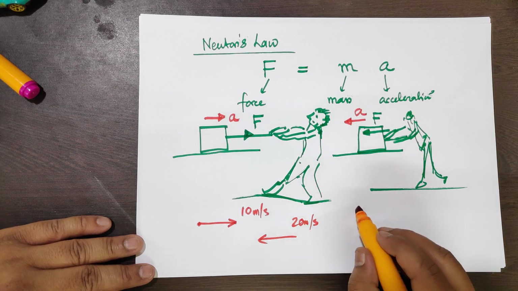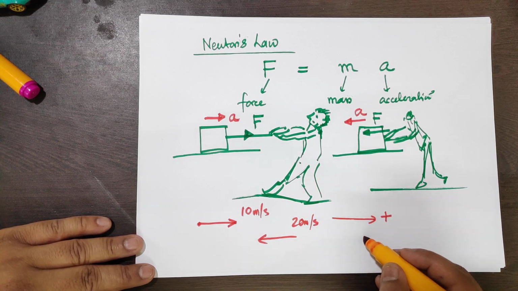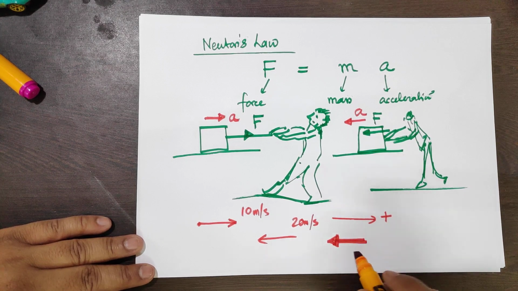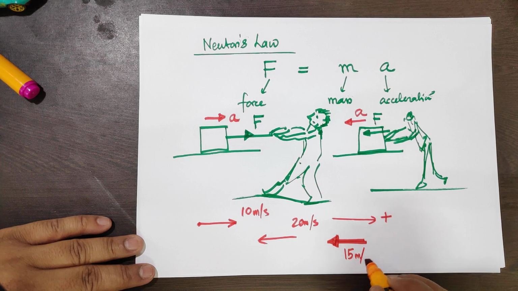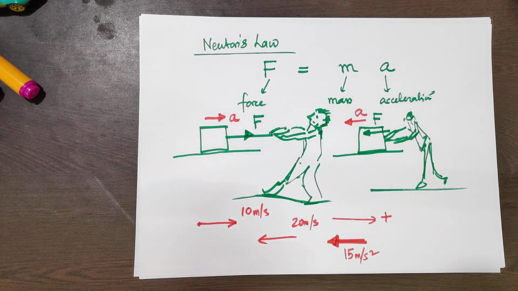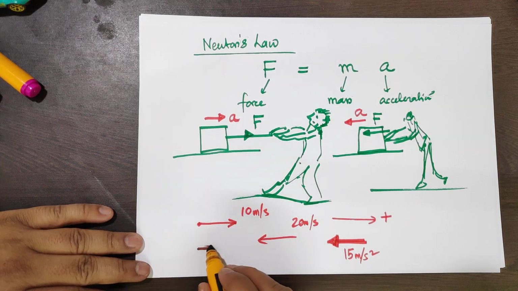in this way, and this was our chosen positive direction, and the acceleration was here in this direction. It was 15 meter per second square. That means the direction of force in that problem is which way? The direction of force is this way.